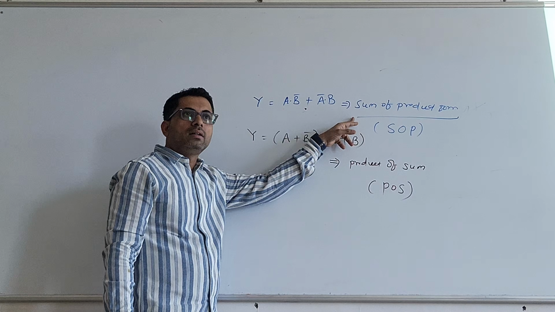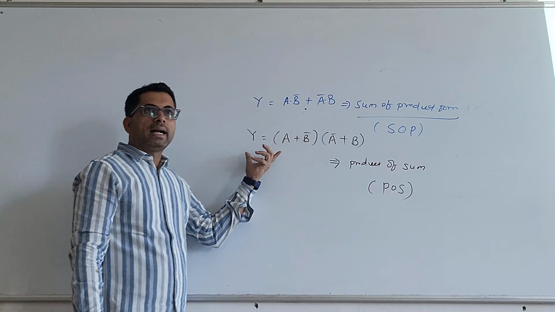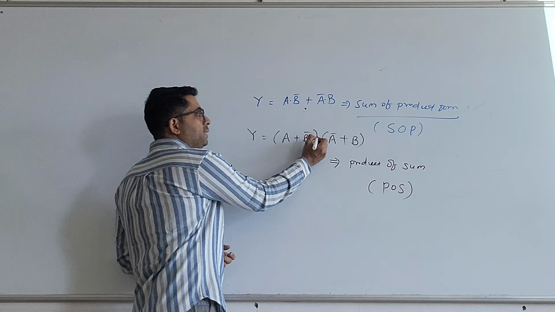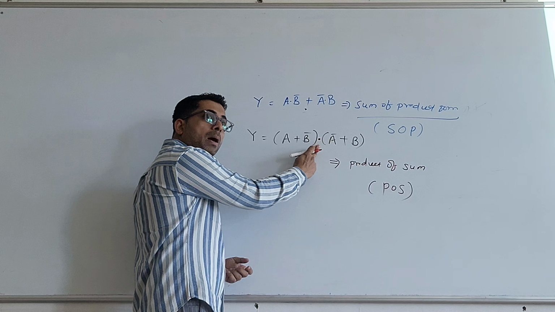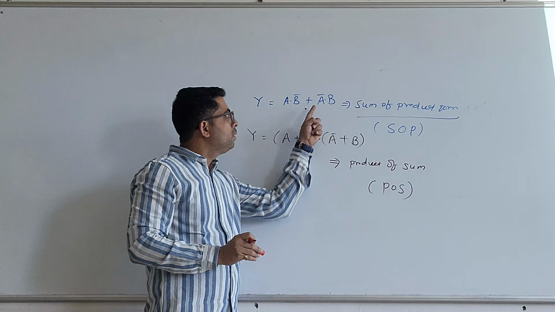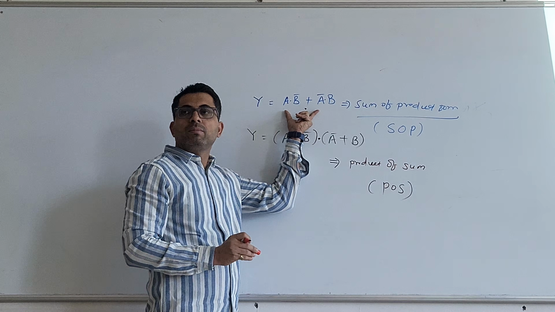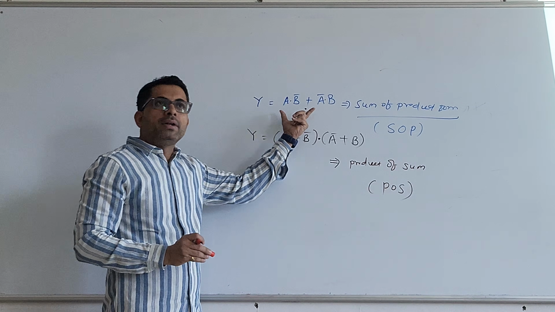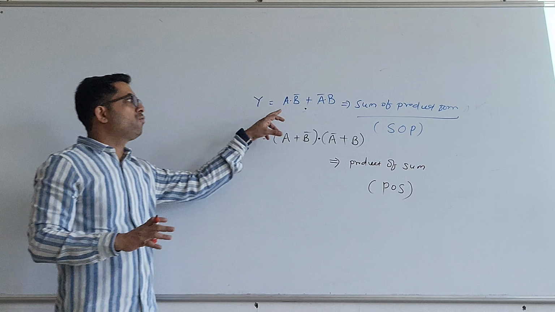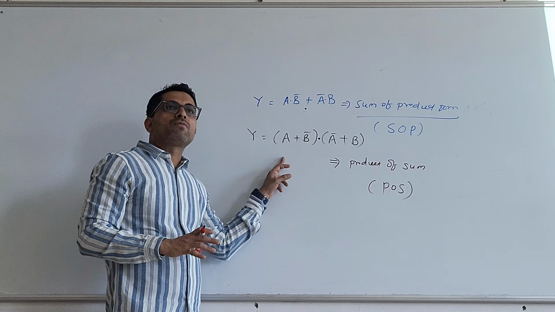You can consider this a sum of product form equation, and this a product of sum form equation. Why is it called product of sum? This is the product, meaning multiplication, and these are the summations. Understood, everyone?